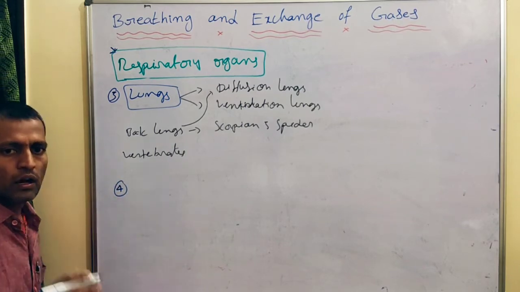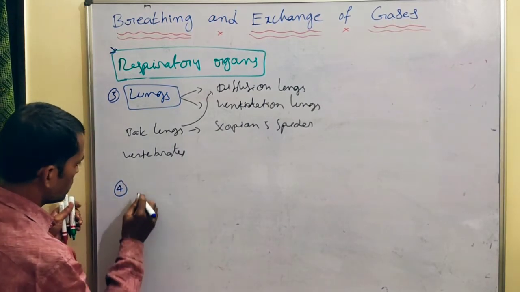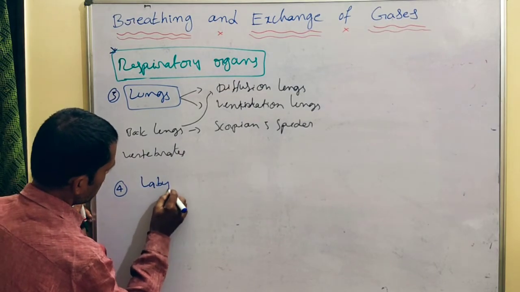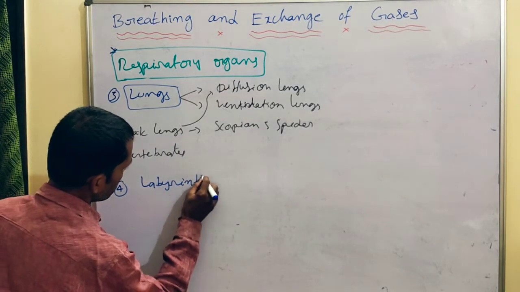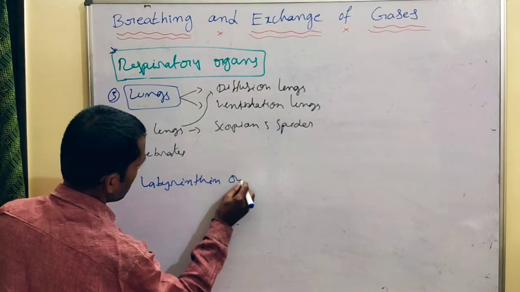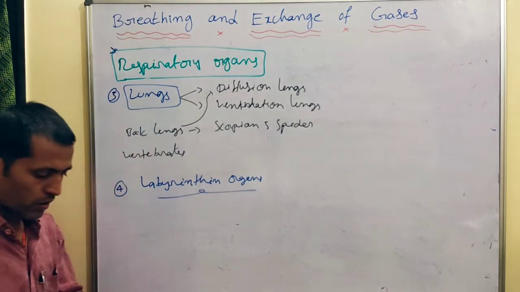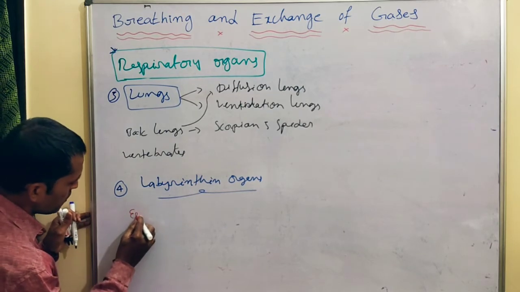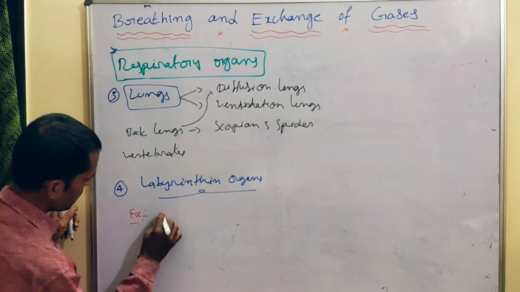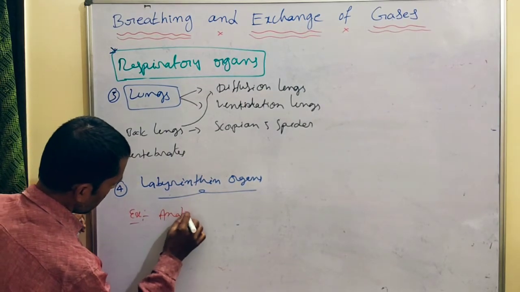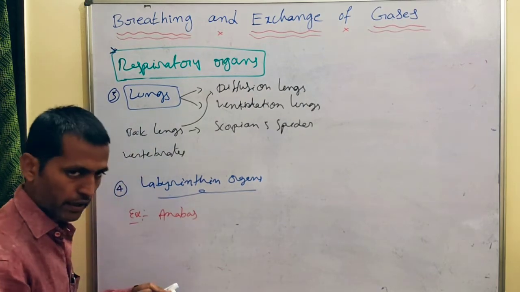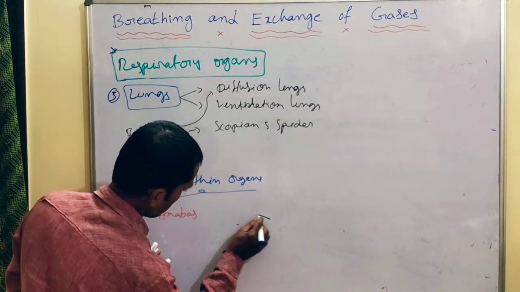After lungs is labyrinthine organs. The best example for this is Anabas.